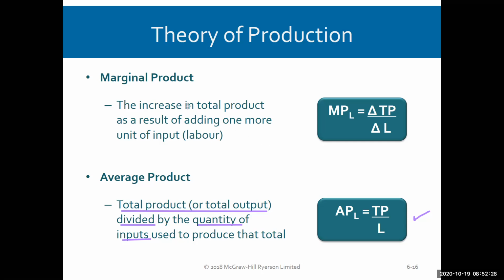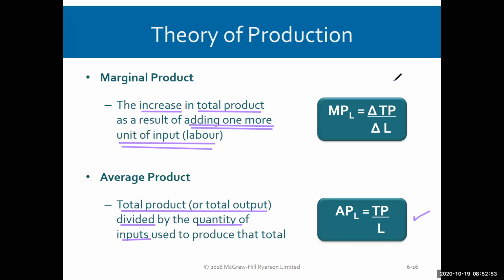Now let's look at the marginal product. This is where we start getting into some of the key points in this theory of economics. It's the increase or the change in total product as a result of adding one more unit of labor. Okay, that's the critical point here. What is the change in total product as a result of adding one more unit of labor?